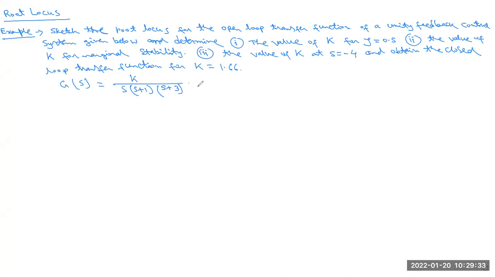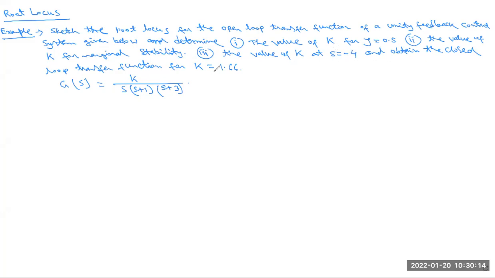So this is the type of problem you will be given in the root locus method. First, we have to read the question: sketch the root locus for the open loop transfer function of a unity feedback. That means H(s), the feedback factor, is equal to unity, that means 1. You have to determine three things: the value of k when zeta is 0.5, the value of k for marginal stability, and the value of k when s equals minus 4.